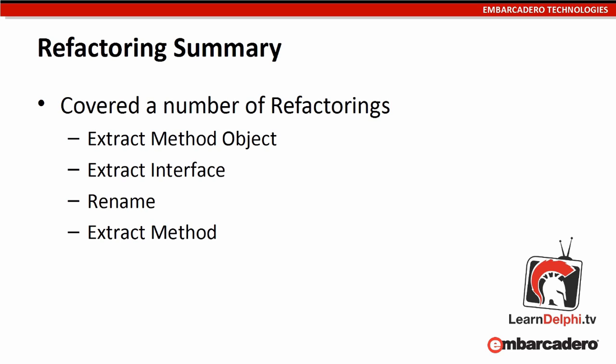We then extracted an interface from our form to remove the dependency on the form in our code. And we then repeated the process in reverse to remove the dependency of our new code from the form. We then used the extract method refactoring to pull out a bit of code, reducing the size of the perform calculation method. We also squeezed in a couple of rename refactorings.